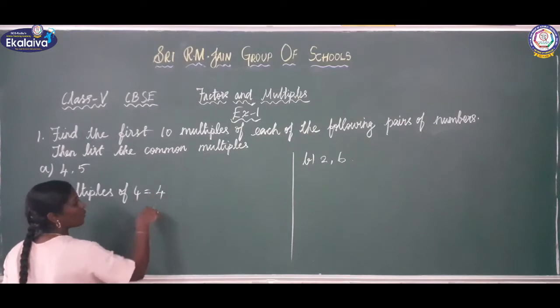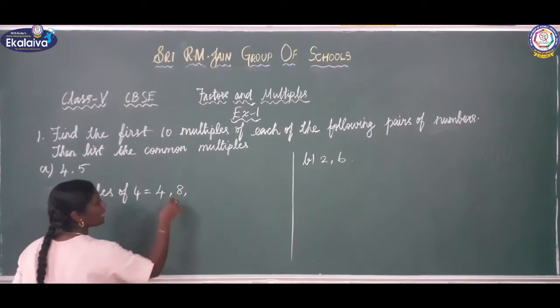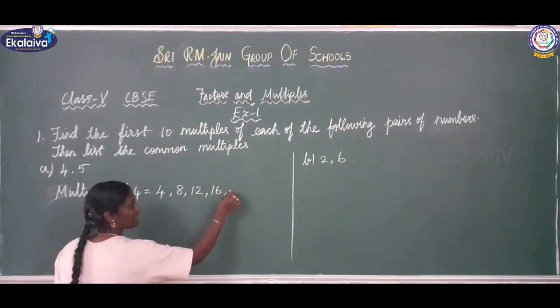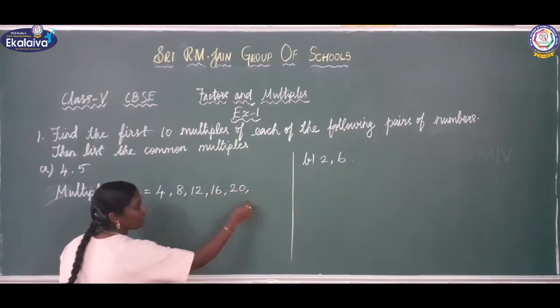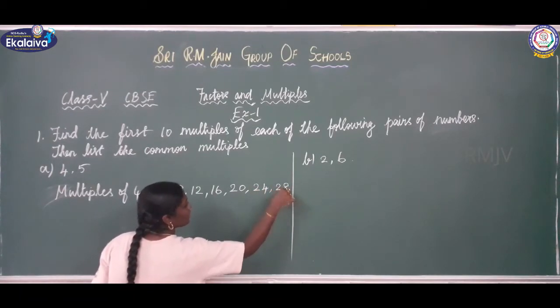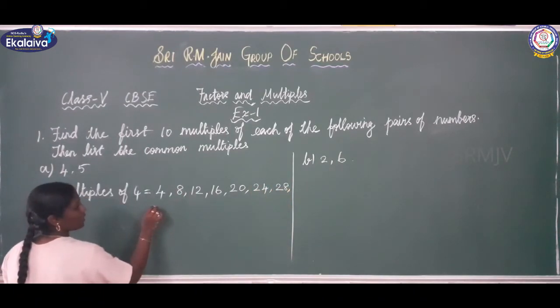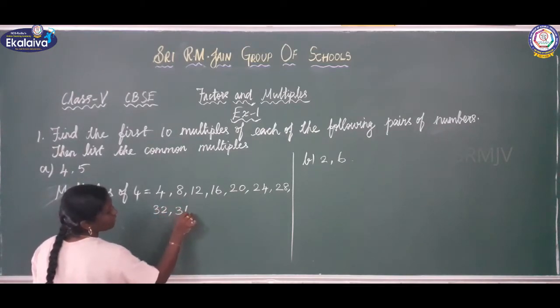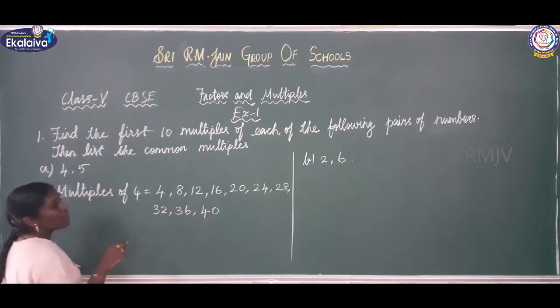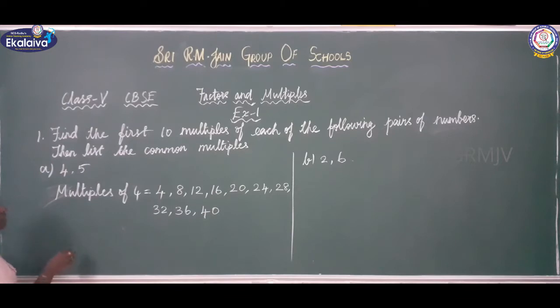So 4 1s are 4, 4 2s are 8, 4 3s are 12, 4 4s are 16, 4 5s are 20, 4 6s are 24, 4 7s are 28, 4 8s are 32, 4 9s are 36, 4 10s are 40. These are the first 10 multiples of 4.